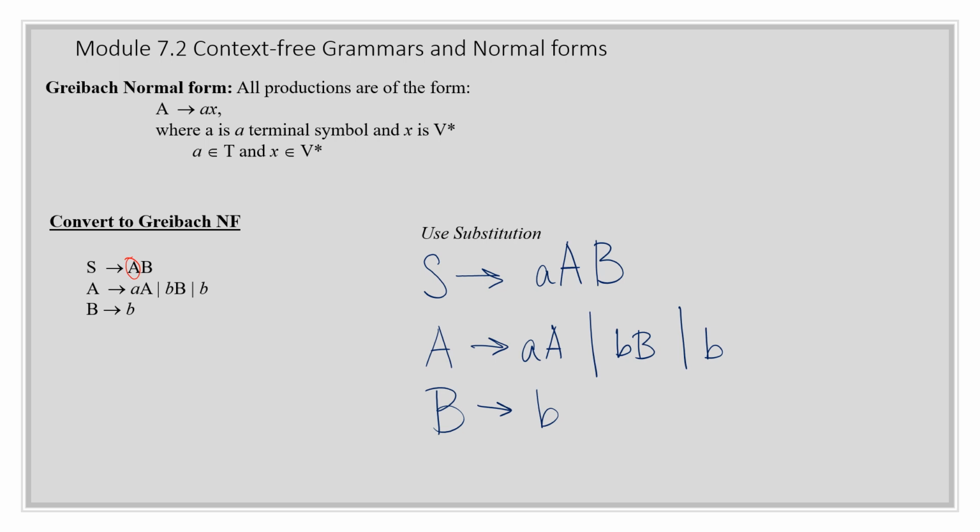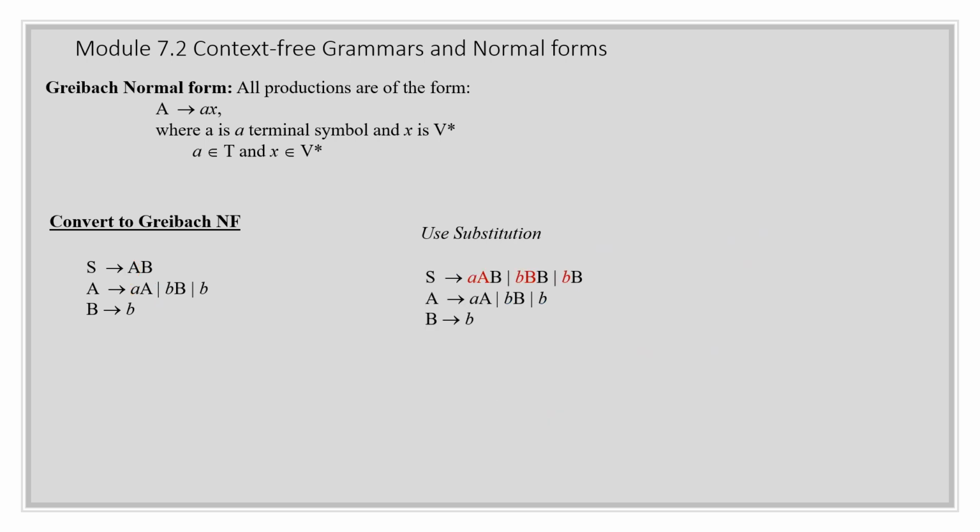And you have to use all of them, so we can substitute here with B, B, B, or the third one with B, B. So now all of the productions are in Greibach normal form.